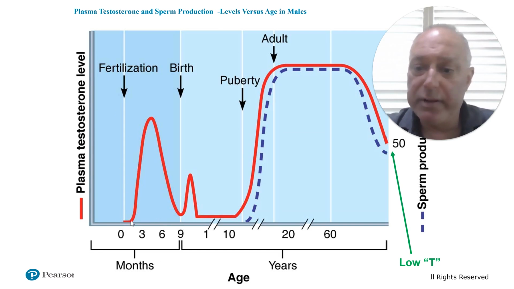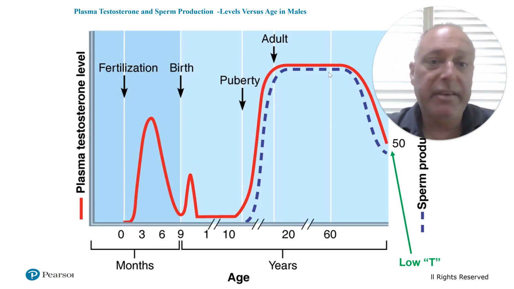At fertilization, testosterone is going to peak at around 3-4 months, and then this baby continues to develop male until birth. There's another surge of testosterone, and then puberty is the next surge, and we see a dramatic increase in testosterone at puberty, and it's sustained through the lifetime of the adult male.